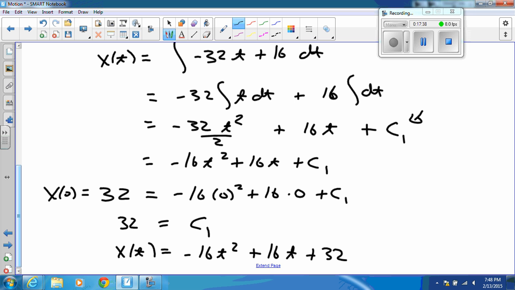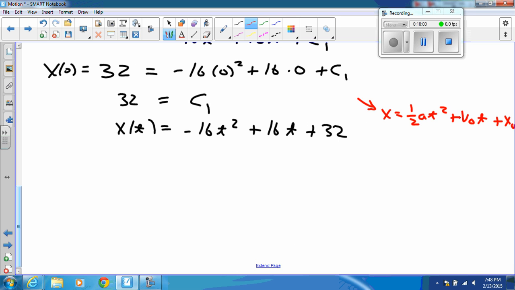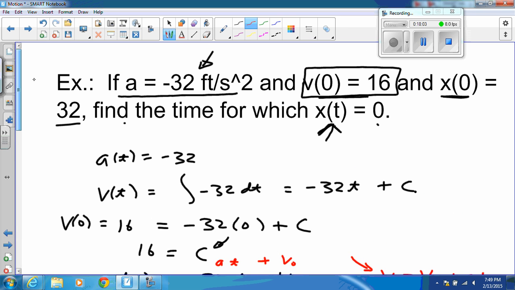And therefore, I finally have my expression x of t is negative 16t squared plus 16t plus 32. And again, if you've been in physics, you'll probably recognize the equation x equals 1/2 at squared plus v0t plus x0. And that equation comes about by integrating the equation for velocity.